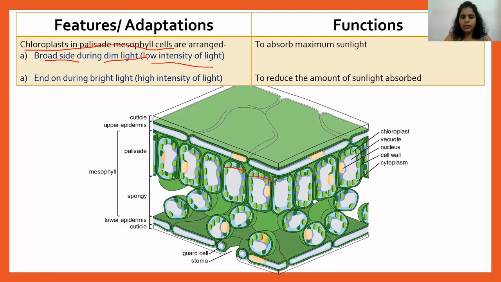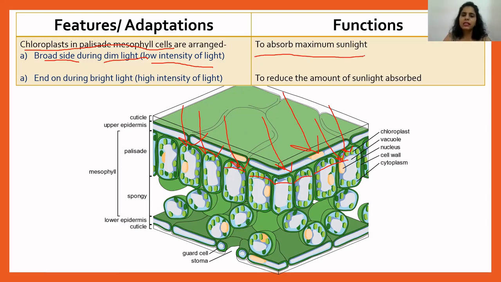The chloroplasts are arranged on the top so that when sunlight falls from the upper epidermis, it can be directly absorbed by the chlorophyll molecules. So during low intensity of sunlight, chloroplasts are arranged broadside in order to absorb maximum sunlight.